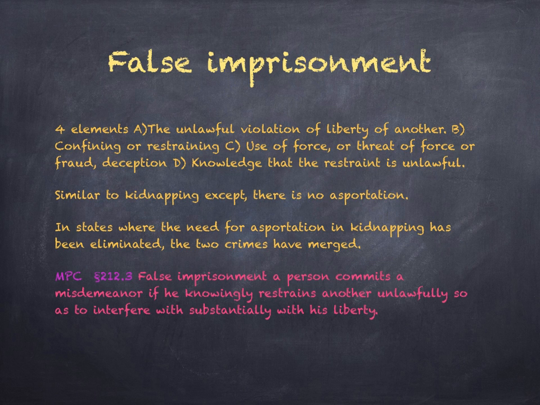So states do vary in their definitions of the laws, but for common law, there are 5 elements. Now, the MPC states that for false imprisonment, a person commits a misdemeanor if he knowingly restrains another unlawfully so as to interfere substantially with his liberty.